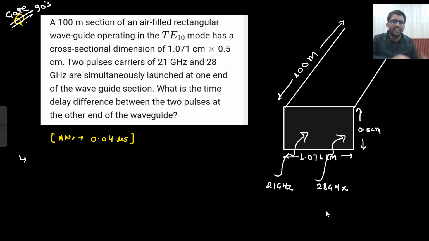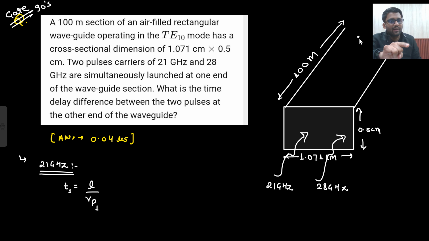Both will travel with a certain velocity and both will travel the same distance, that is L. So for 21 gigahertz, your time taken will be L divided by Vp1, which I am calling T1. How much time will it take to get to the other end? L by Vp1, where L equals 100 meter.